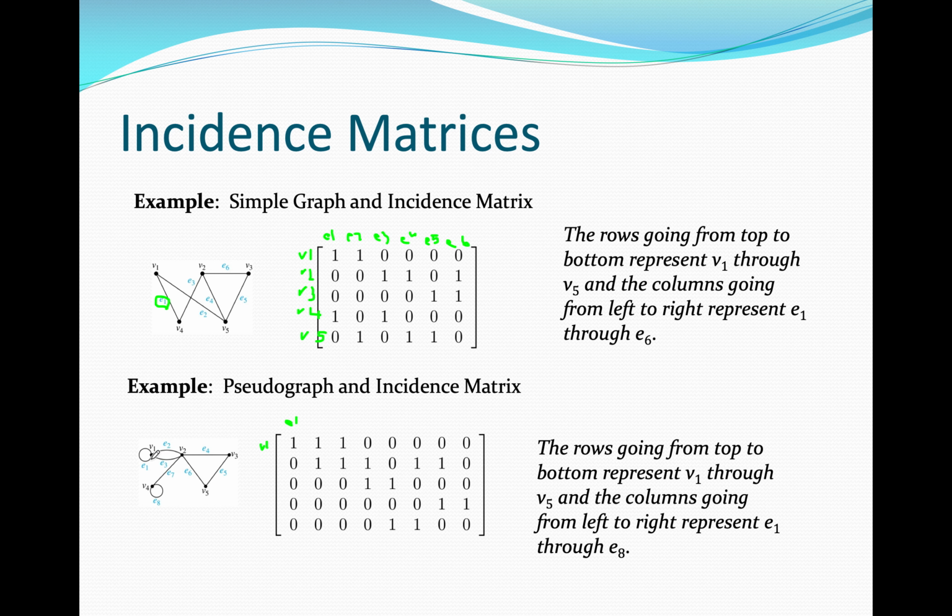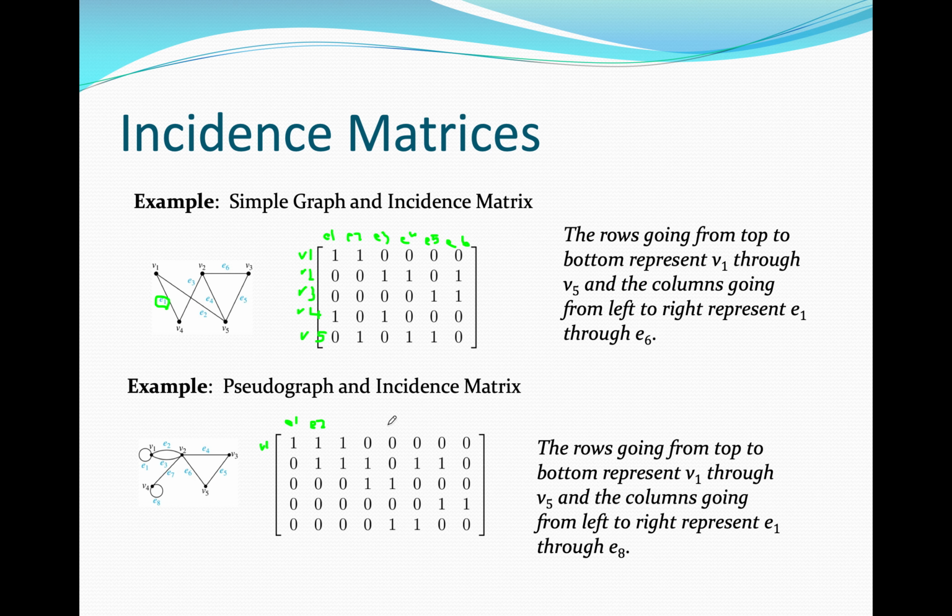E1, where is E1? Okay, E1 is a loop from V1 to V1. So that's why we say 1. What about E2? Let's check for E2. Where is E2? E2 is here. E2 connects V1 to V2. So there is an incidence between E2 and V1. So that's why we put 1 here.